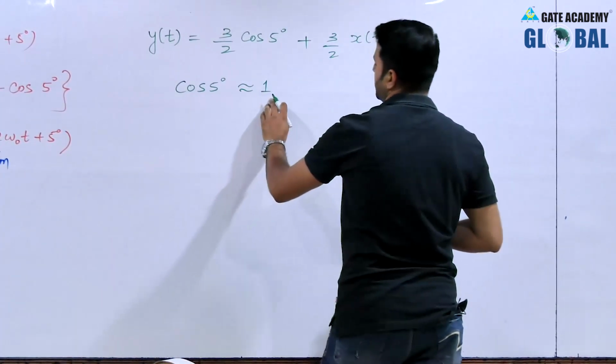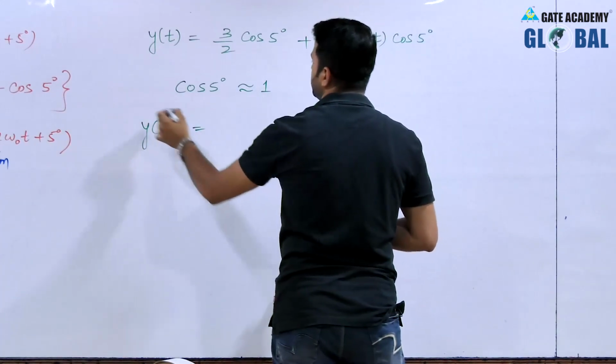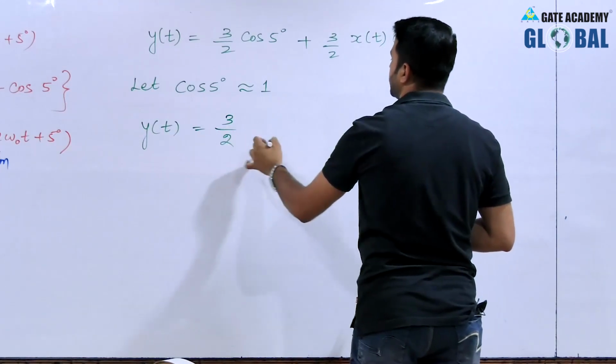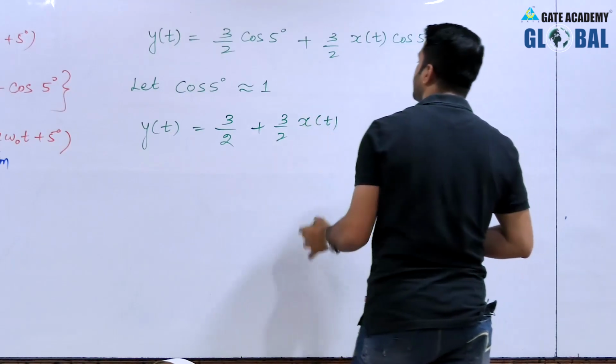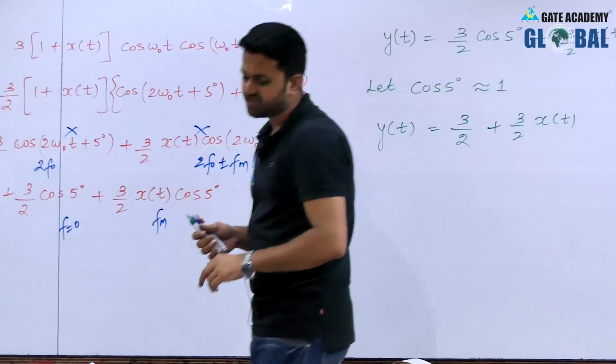So, we assume it and get y of t equal to 3 by 2 plus 3 by 2 x of t, and it is asked in the question for the output spectrum.